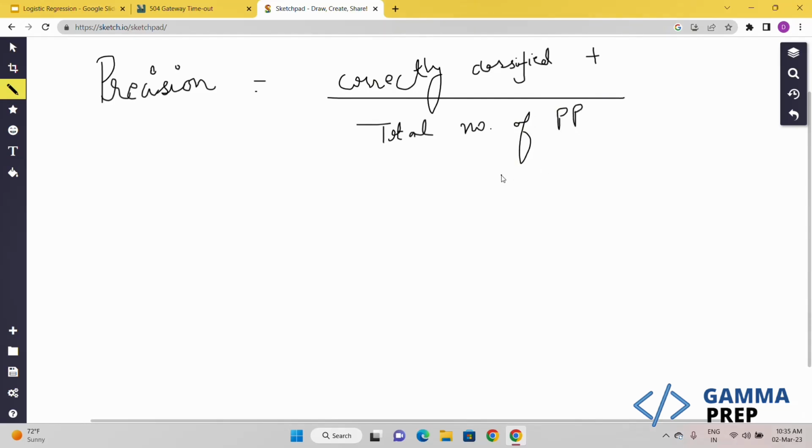So in recall, we had the total number of correctly classified positive classes divided by the total number of positive classes. That means out of all the positive classes, how many our model was able to classify correctly. Whereas precision is the total number of correctly classified positive classes divided by the total number of predicted positive classes.